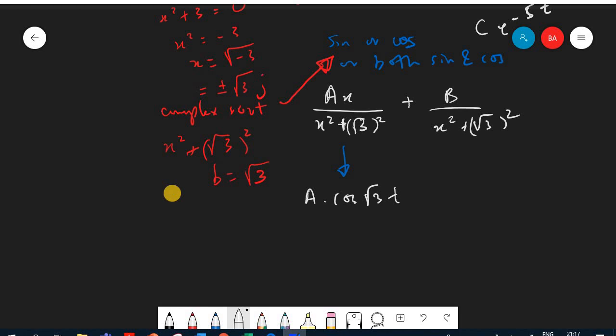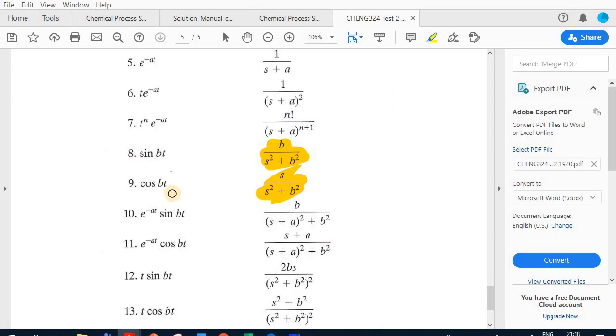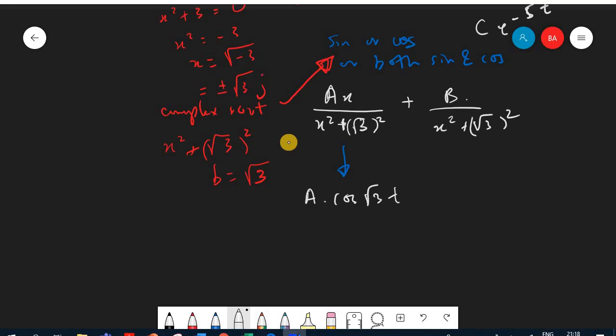And the other term should be, if you look at the top there, b over s squared plus b squared. So you need the b term here, not the b squared. What is b? b is the square root of 3. I don't have the square root of 3 here, but in a very tricky manner I can multiply by the square root of 3 and divide by the square root of 3. Okay, so what do I have now?